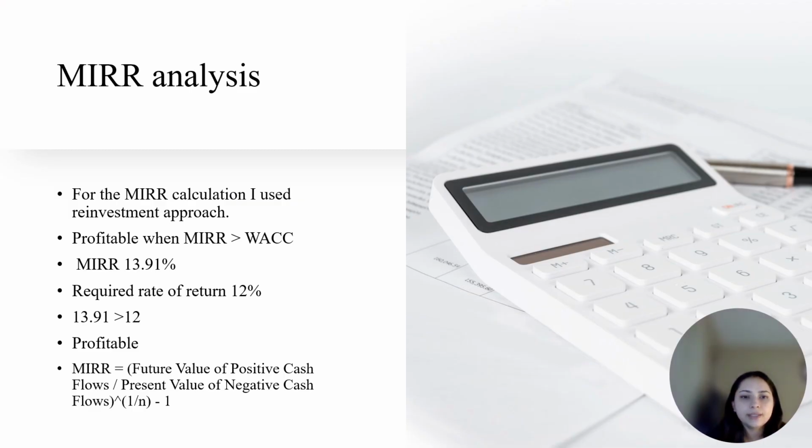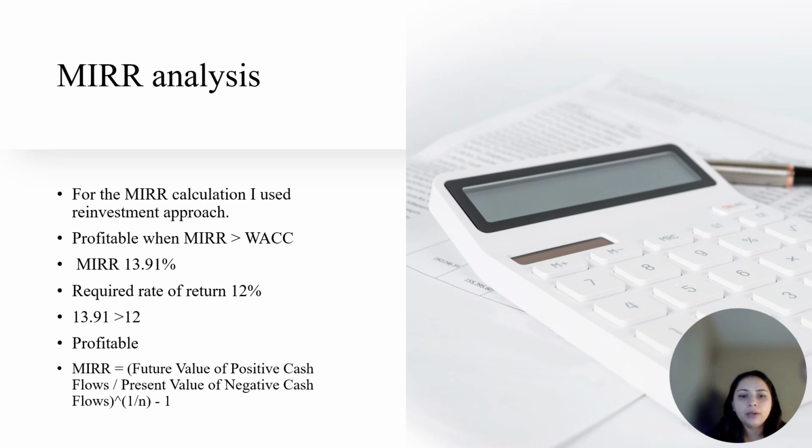So the next analysis is the modified internal rate of return analysis. For the modified IRR analysis, I used the reinvestment approach. We got an MIRR of 13.91% and we have a required rate of return of 12%. Since MIRR is greater than the weighted average cost of capital, the company will be profitable.